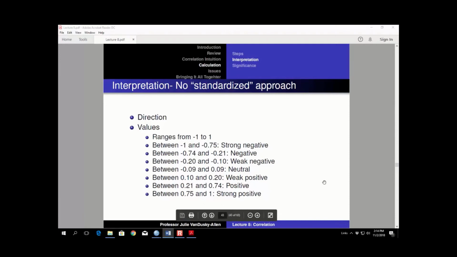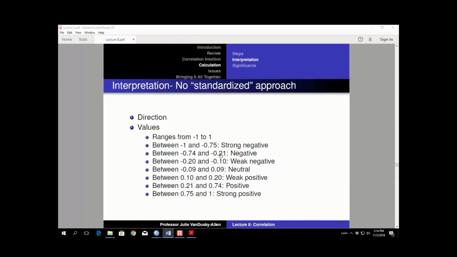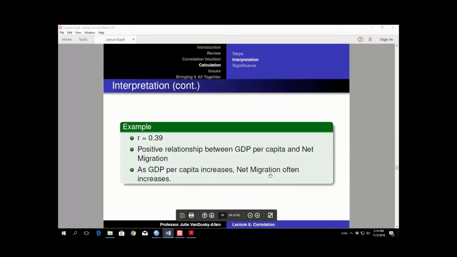Using these criteria to interpret our correlation coefficient of 0.39, that would suggest that there's a positive relationship between the GDP per capita and net migration of a country. As GDP per capita of a country increases, net migration often increases.